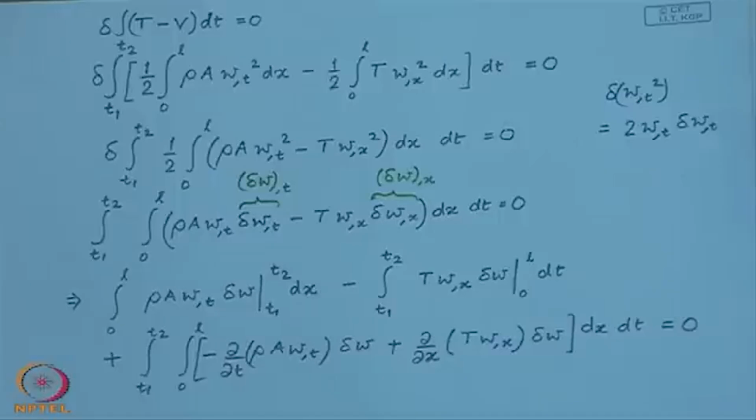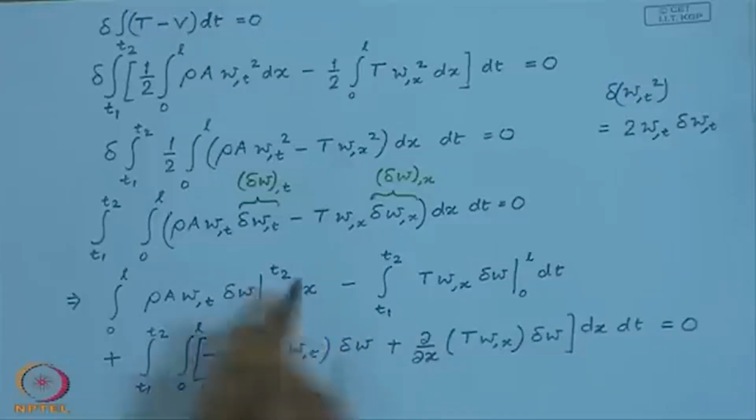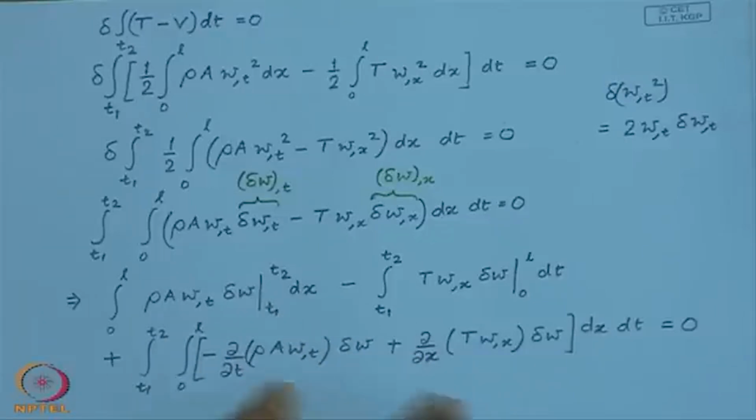Now, if you remember the formulation of the problem in the first place, I know the configuration of the string at these 2 time instants. So, there cannot be any variation. I am not trying to vary these 2 configurations which are at time t equal to t 1 and time t equal to t 2. So, I am not looking at variations of the initial and final configurations, but I am looking at variations at the intermediate times.